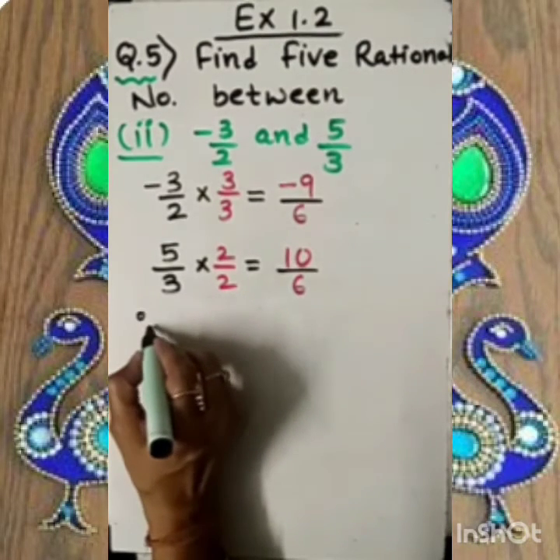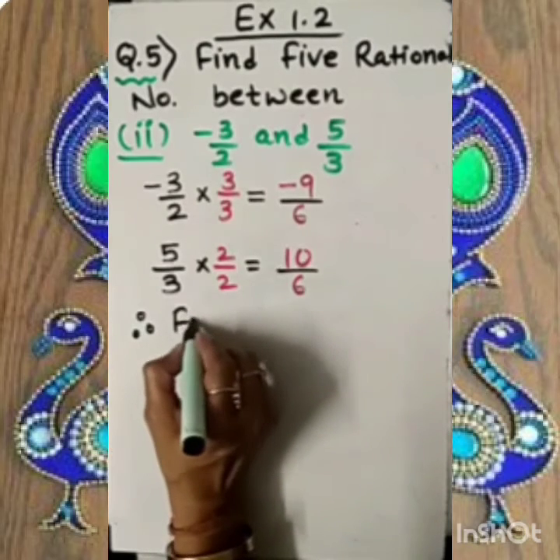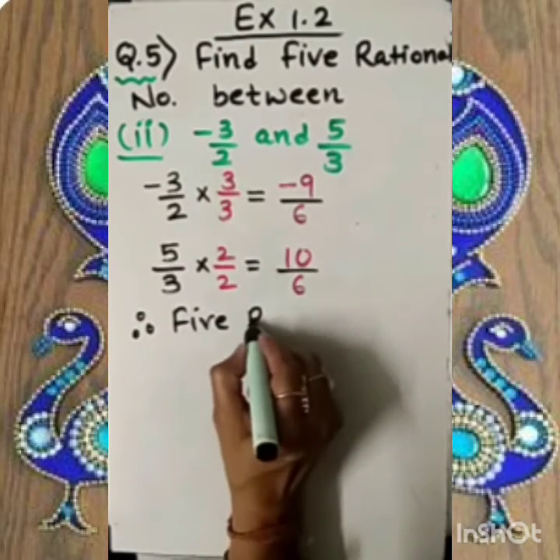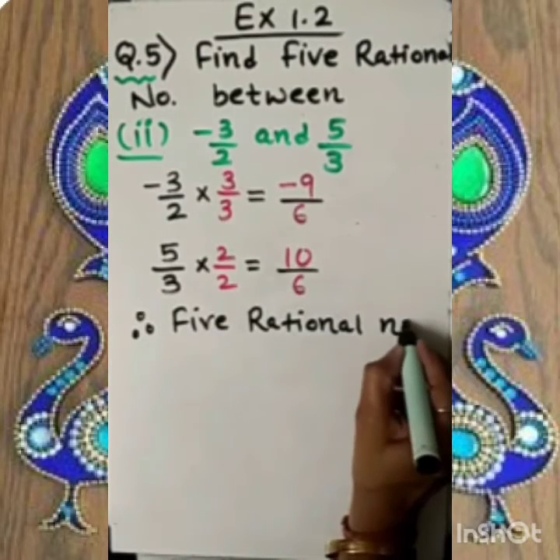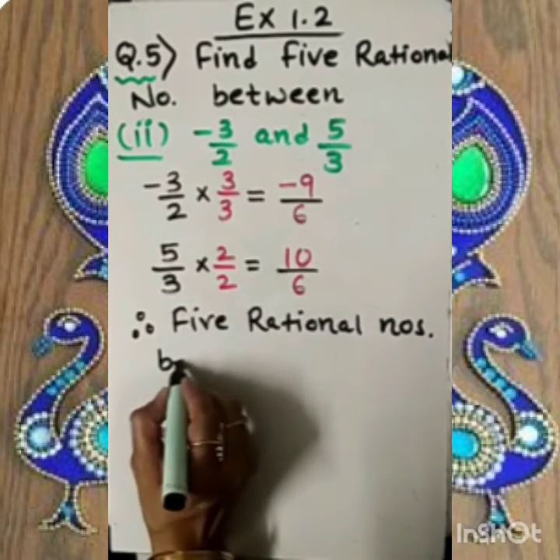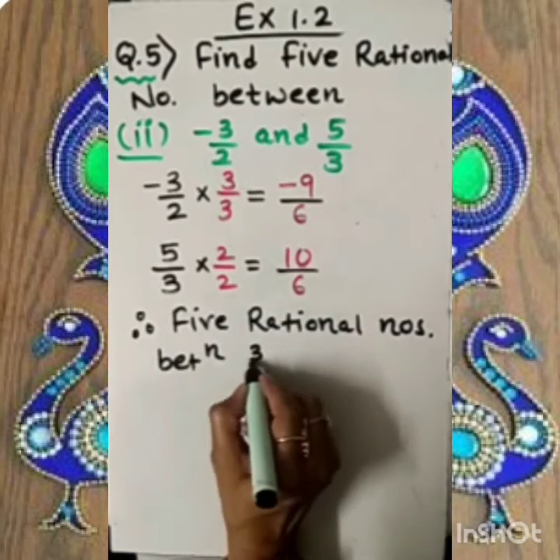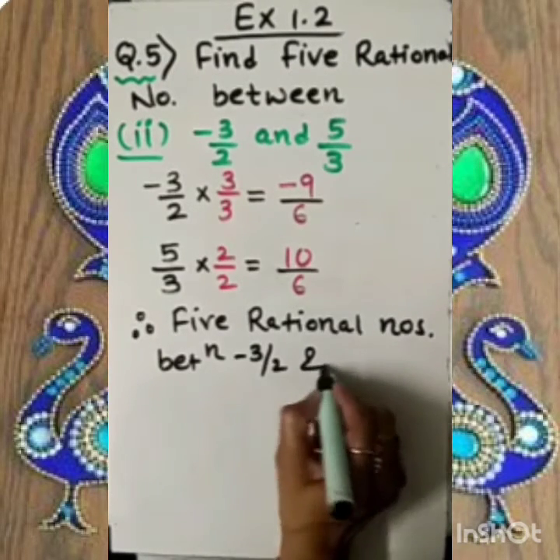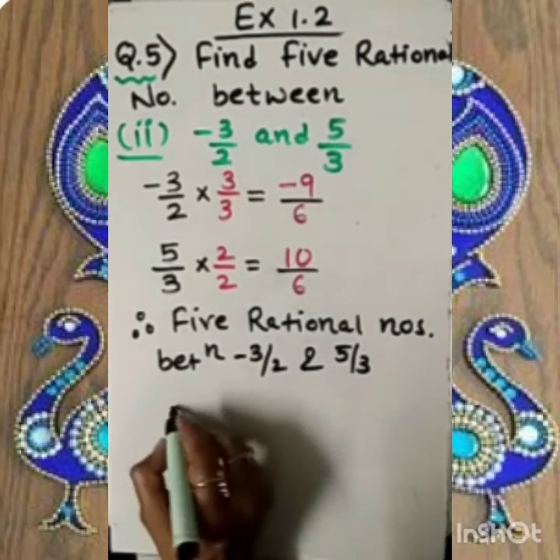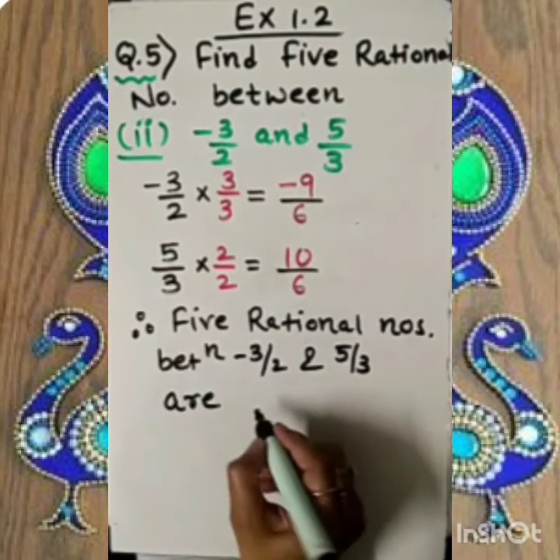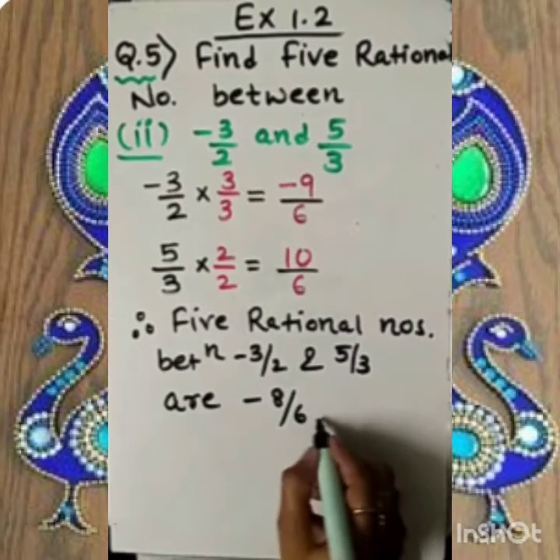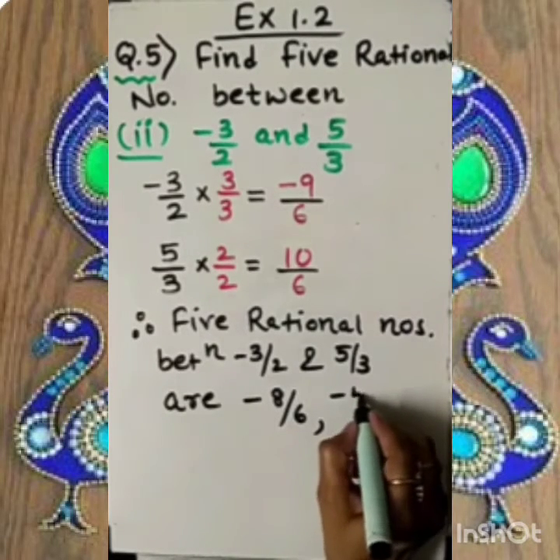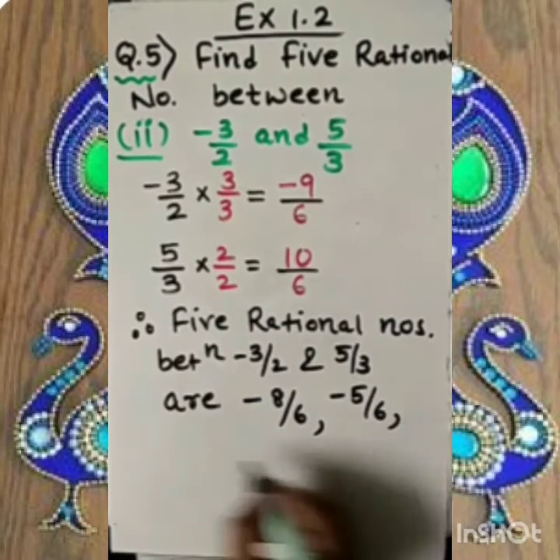So let's list out 5 rational numbers between minus 3 by 2 and 5 by 3. Let's start. I'm beginning from minus 8 by 6. Then I'm choosing randomly minus 5 by 6.